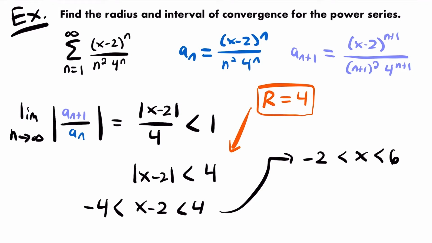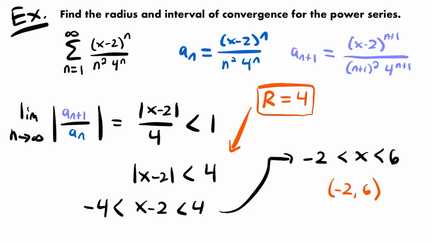But what about negative 2 and 6 themselves, right? What about these endpoints? We know that our interval of convergence will at least be negative 2 to 6, not including the endpoints, because this is strictly less than. These are not less than or equal to signs, they're just less than. And so what we want to do to see if these endpoints are included as values of x for which this power series is convergent is we need to test each of those values manually for the power series.